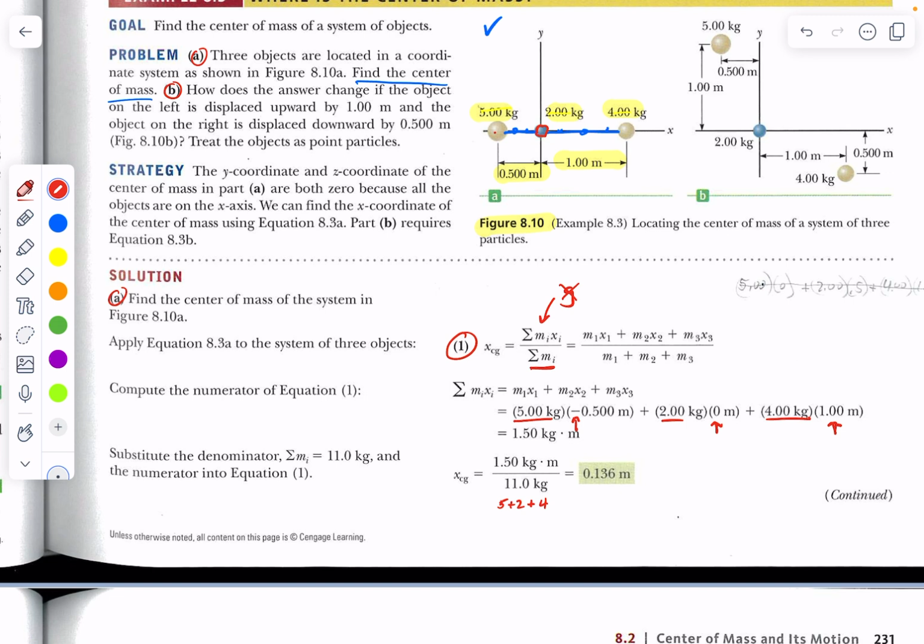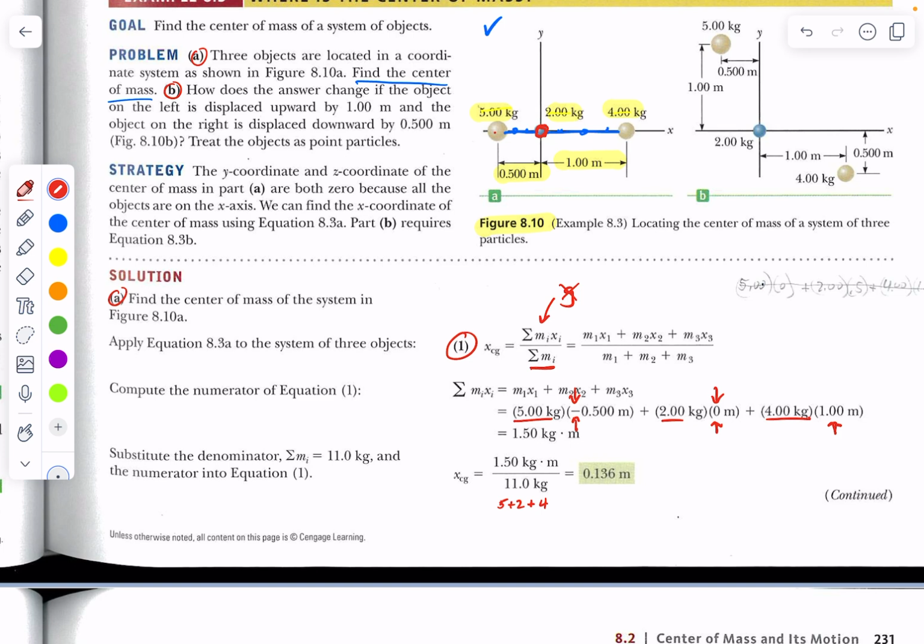So since we're choosing the 2 kilogram mass as our axis of rotation, you can see that its position is going to be 0. The mass times the radius, the distance that the 2 kilogram mass is from the 2 kilogram mass, is obviously 0. The one on the left is a half a meter to the left, and so we make that negative.